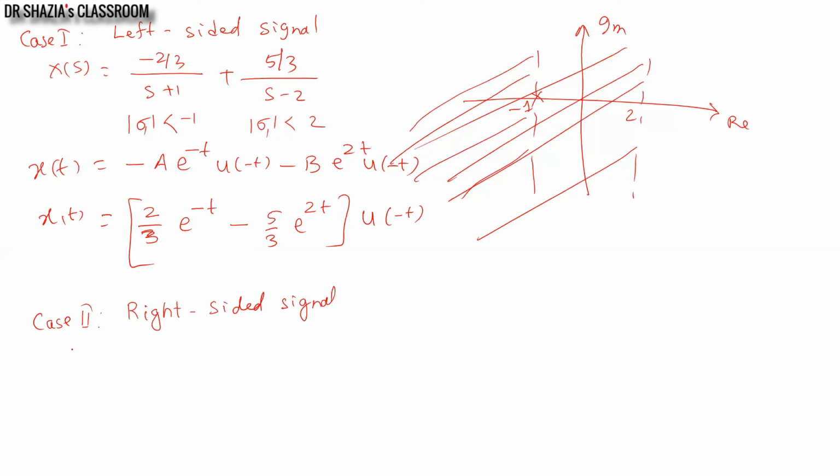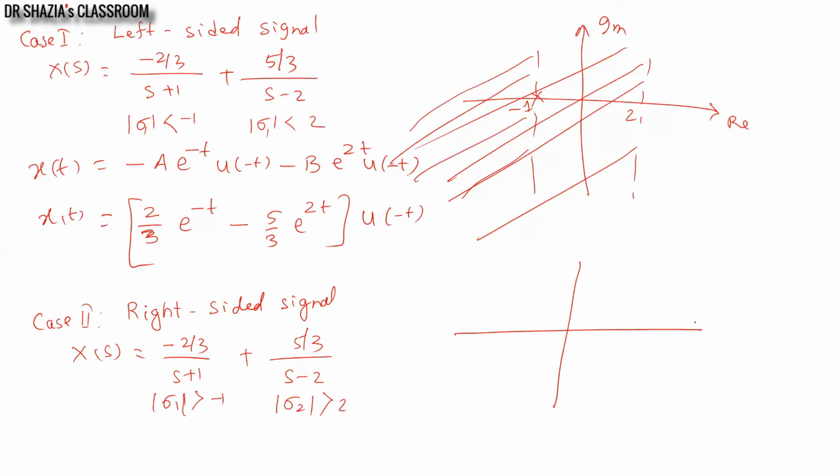That means I will consider X of s as minus 2 by 3 over s plus 1, plus 5 by 3 over s minus 2, with sigma 1 greater than -1 and sigma 2 greater than 2. So if I plot the ROC, this is the real part, this is the imaginary part.